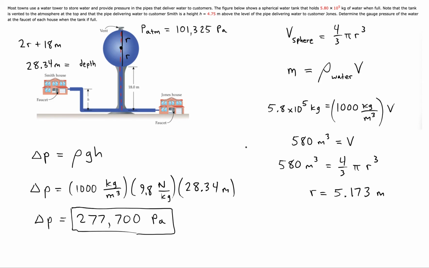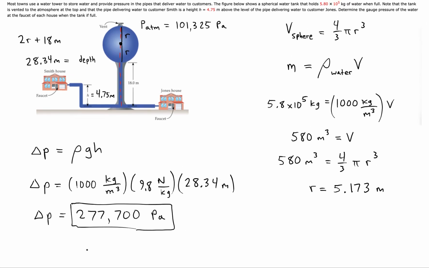When it comes to the Smith house, though, they're not as far down in elevation, so we have to take that into account, that this h is 4.75 meters higher than the Jones house, so it's going to be less pressure at their house. So to figure that out, I'll do another one.